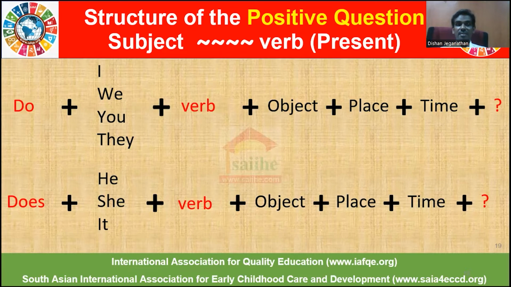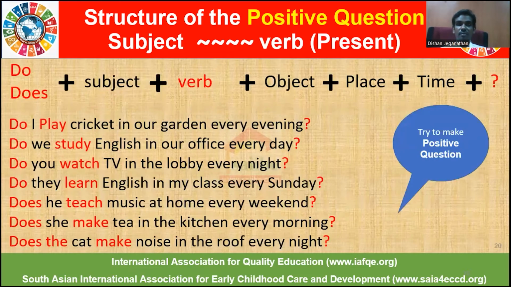As we discussed earlier, do is used for I, we, you, they, and does is used for he, she, it. Let's look at some examples. Do I play cricket in our garden every evening?